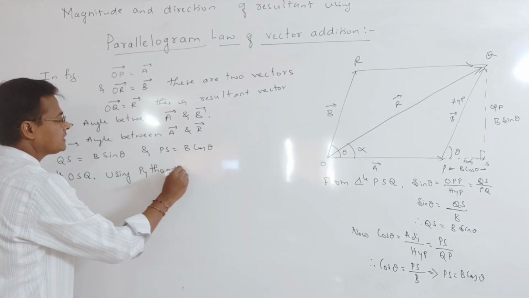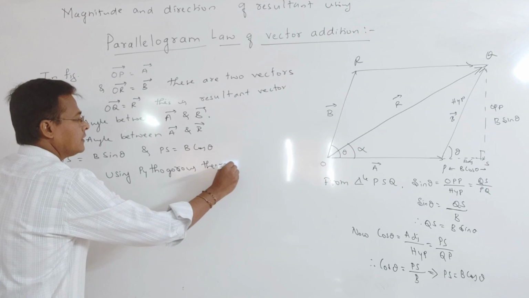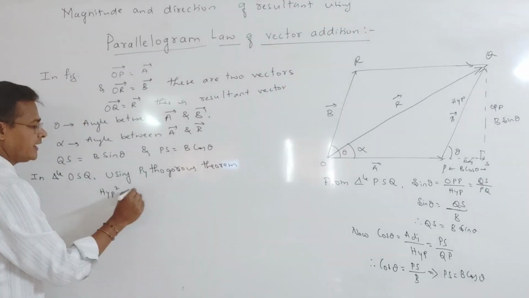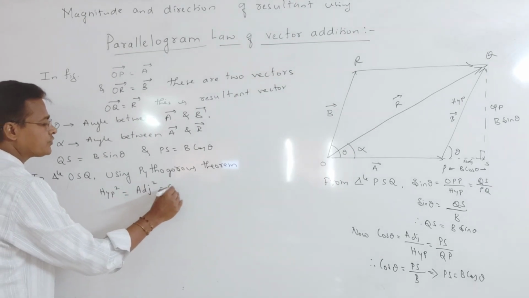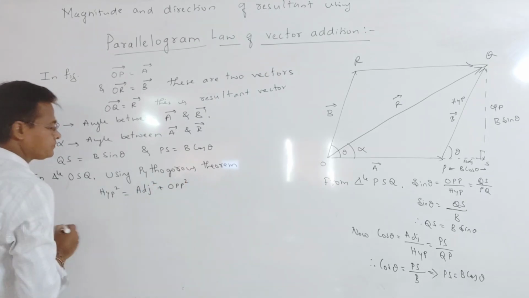What is that Pythagoras theorem? AC square plus AB square equal to BC square. Hypotenuse square equal to adjacent square plus opposite square.